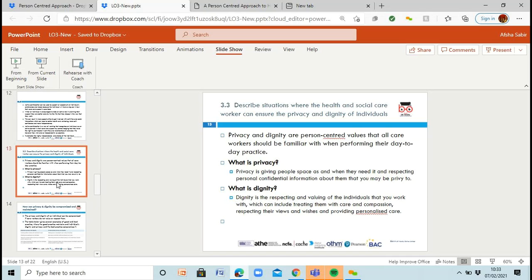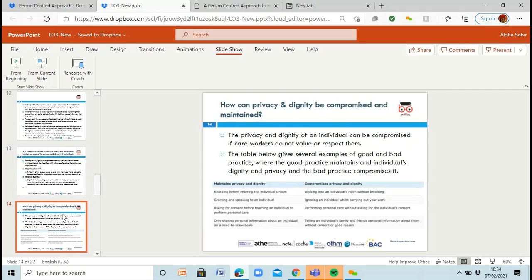Dignity can be ensured in a number of ways, like making sure that there are separate bathrooms for males and females, or when you're giving them body washes, if they're unable to go to the bathroom to wash, making sure that only part of their body is uncovered, so you're clearing that area. So just being respectful of their needs. Those are some examples. Now we're going to look at how dignity might be compromised and how it can be maintained.